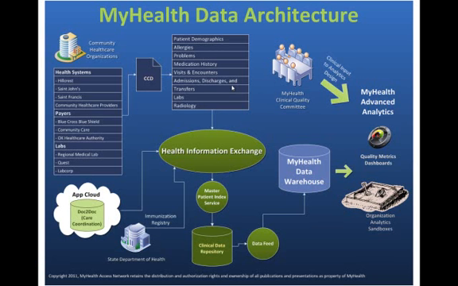So this is a picture of the data architecture that we are putting together at MyHealth. Let's just walk through it from left to right here. Over here on the left, we see a picture of the community healthcare organizations, and we have some of our health systems listed, and of course there are many other community healthcare providers.